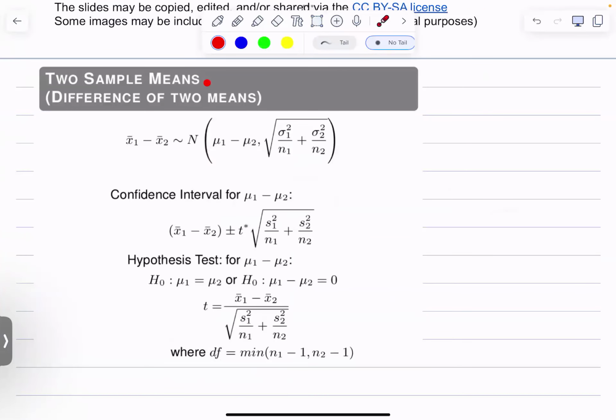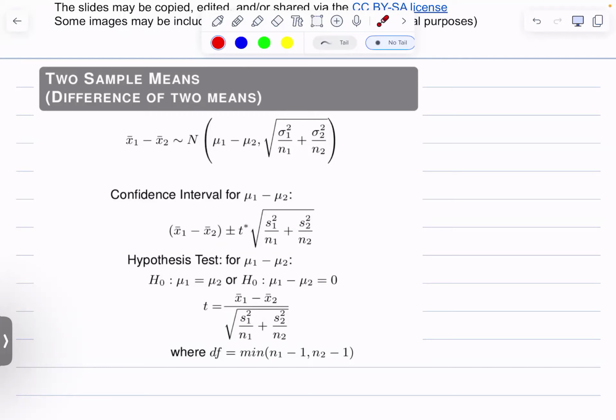So two sample means is going to be the type of problem. Now, if you have two samples, it means that you have two groups, right? Each of them is going to have a mean, each of them is going to have a standard deviation, and each of them is going to have a sample size. And what's really fun and cool is that the sample sizes don't even need to be the same.